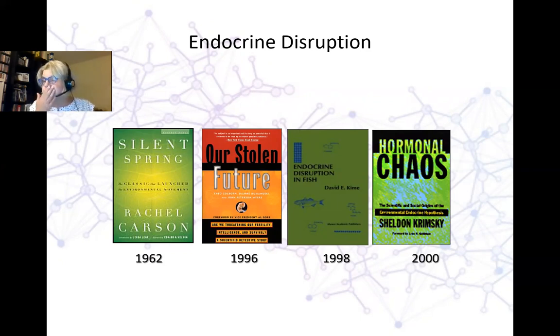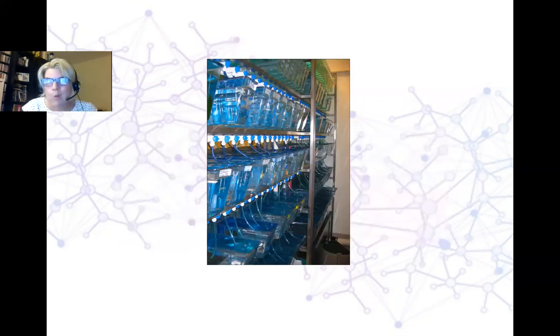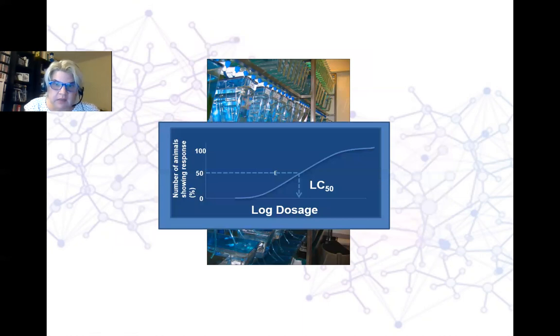What we were noticing was that the traditional toxicology tests we were using were not effective. Again, with this median lethality, the kill 'em and count 'em, we have a dose at which a median number of animals show a response.